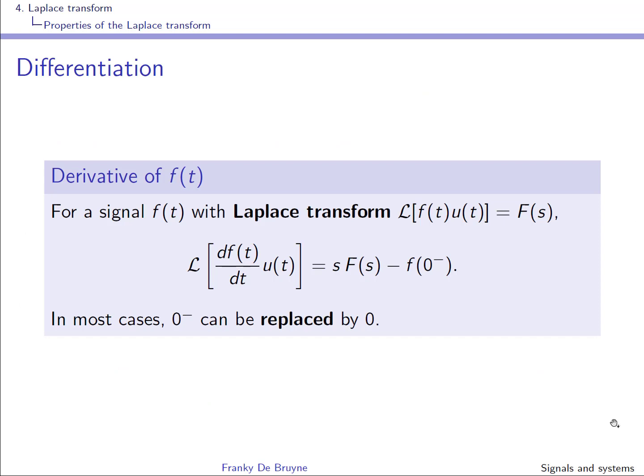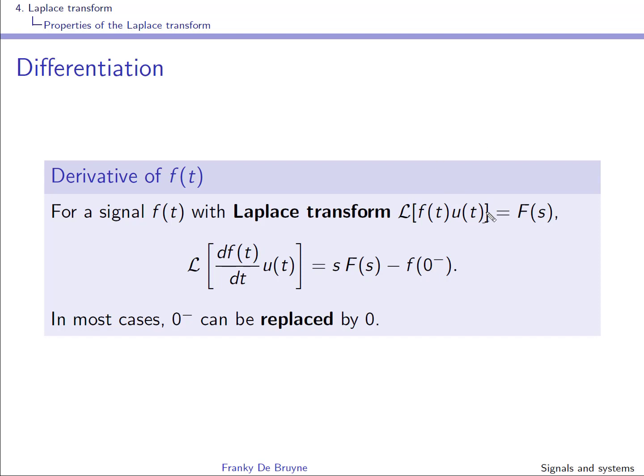So the next property is the Laplace transform of the derivative of a function f(t), and this differentiation property will be used extensively when we solve differential equations using the Laplace transform.